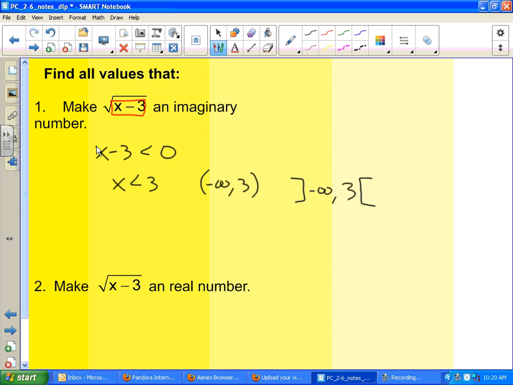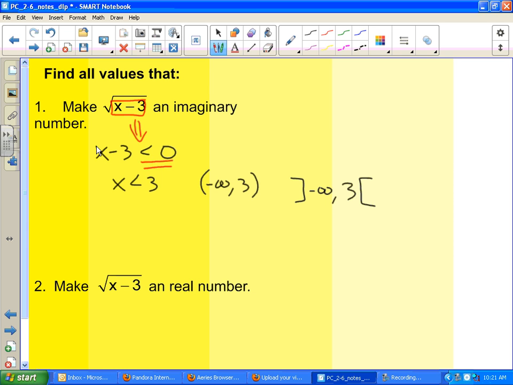Yeah, anything less than 3, right? So we specify that I have to be less than 0 to make a negative number. I want x minus 3 to become negative.